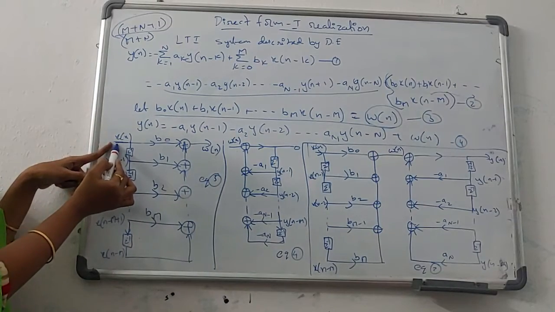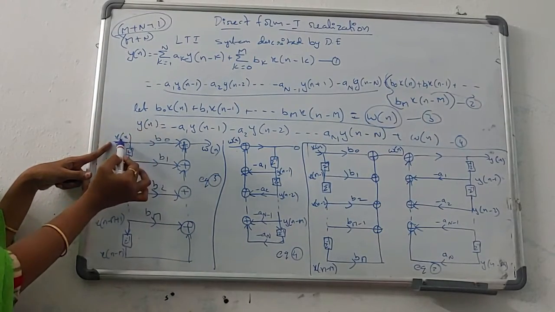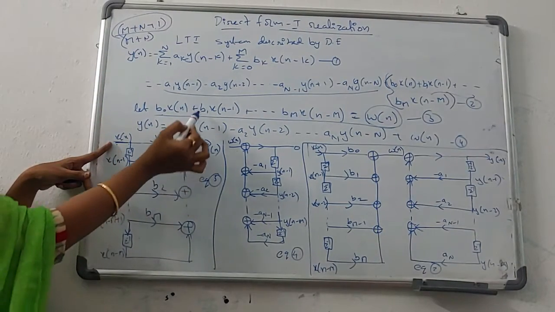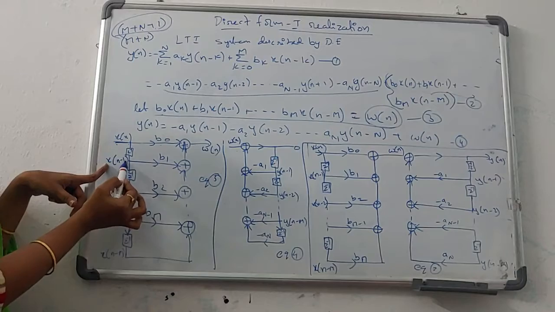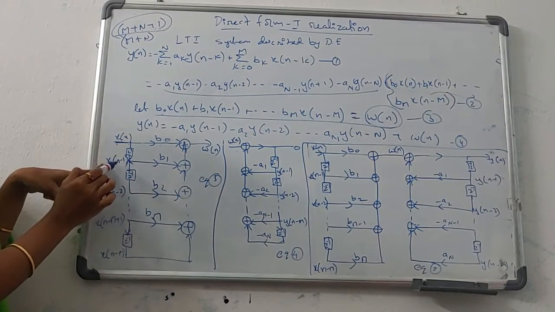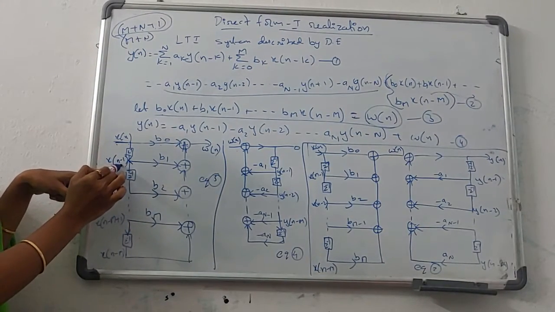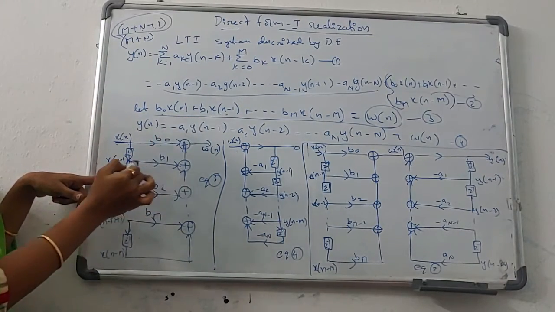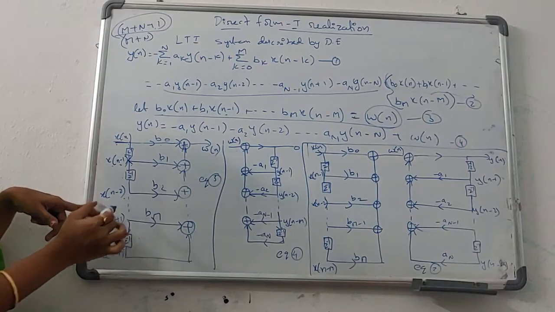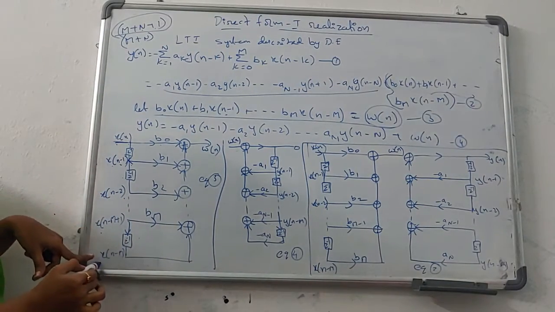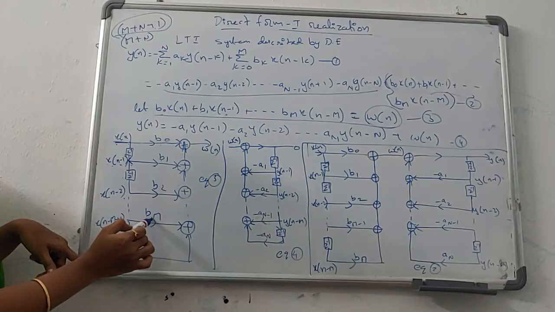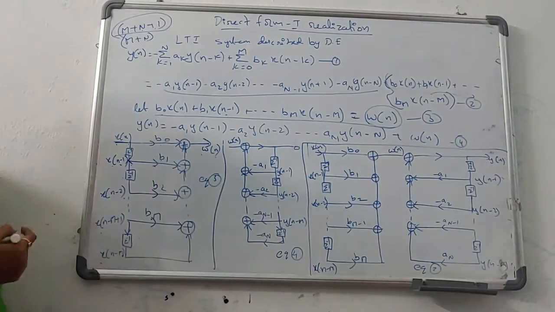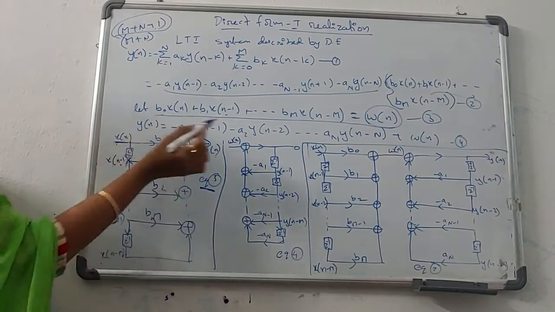So we have x of n into b0 plus x of n minus 1 into b1 plus, and so on, x of n minus M into b M, which is equal to w of n. So this is equation 3.